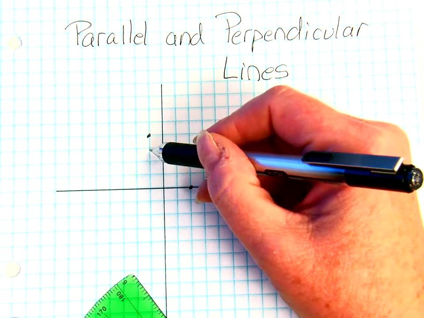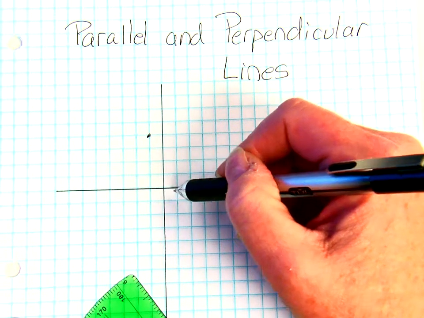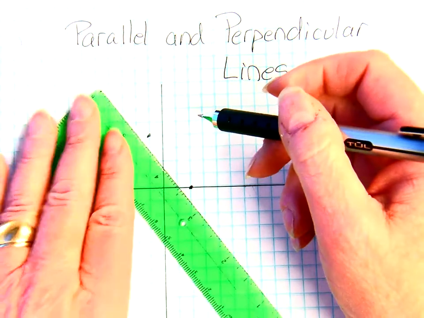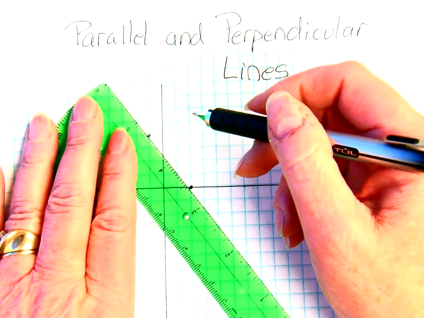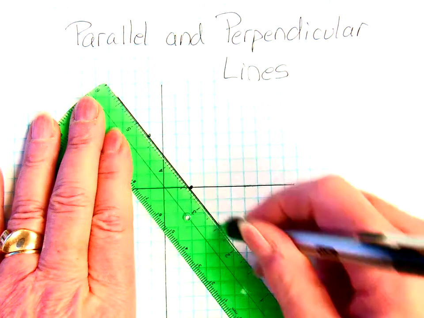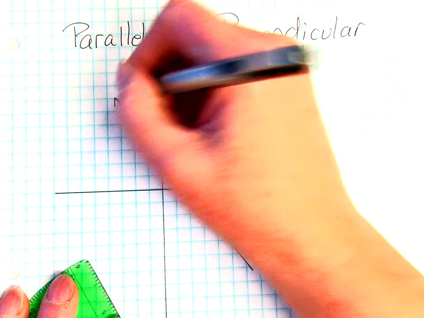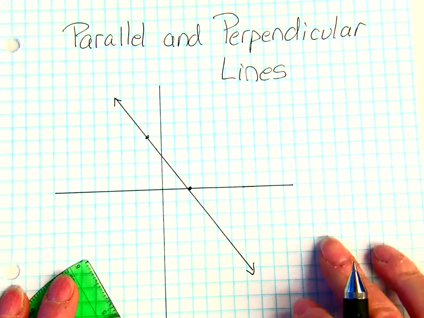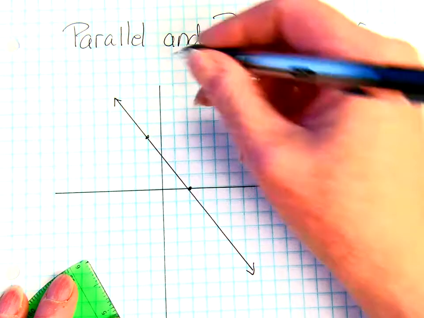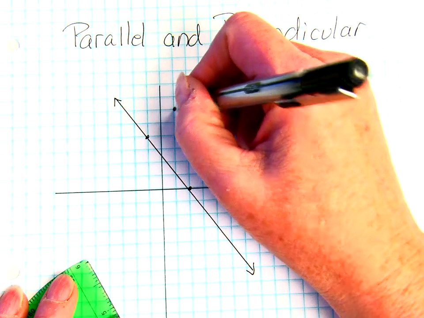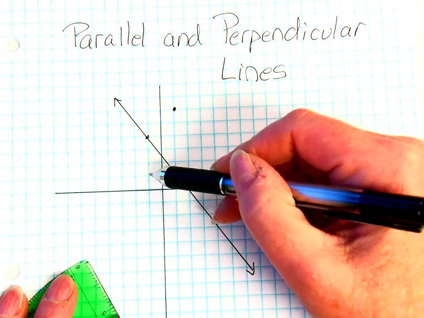So 1, 2, 3, 4, 1, 2, 3. Okay, so here is this line. And I'm going to put a dot here. So that was 1, 2, 3, 4.